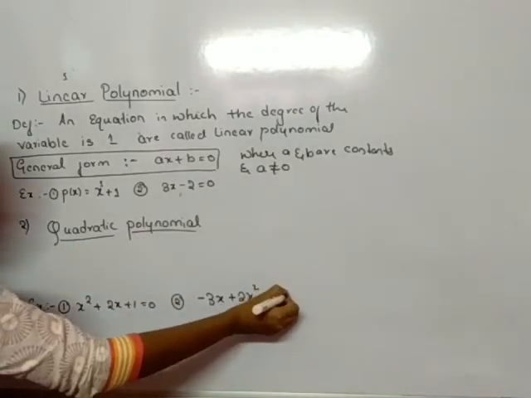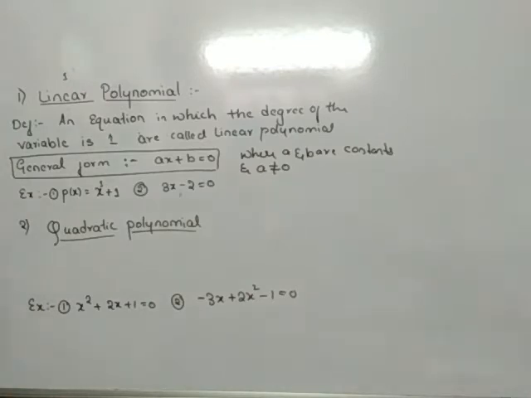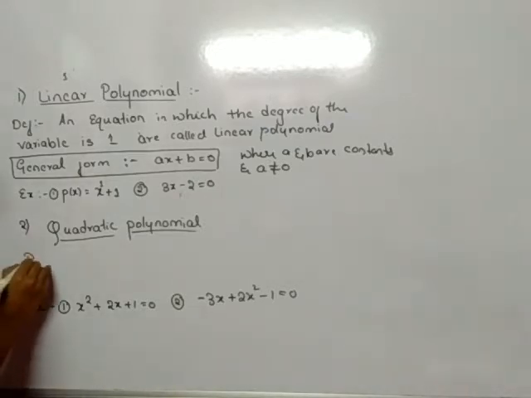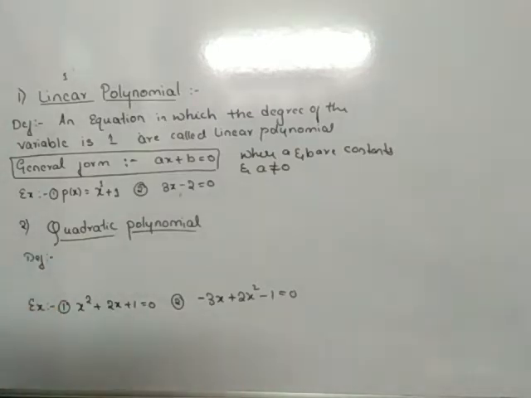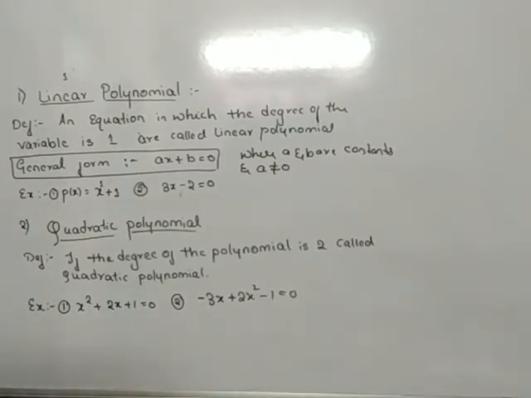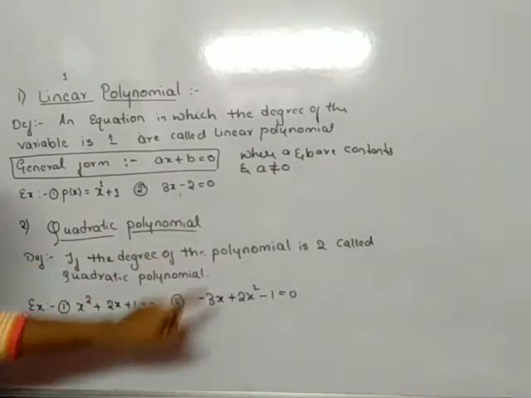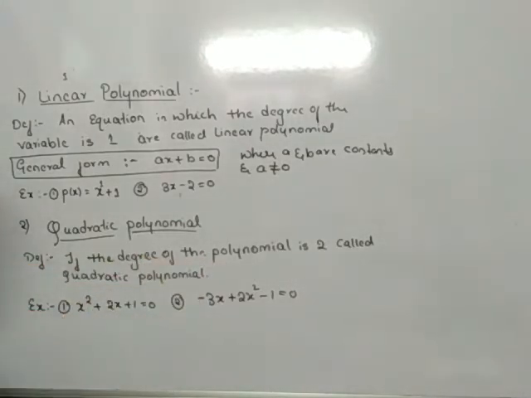In general, if in an equation the degree of the variable is 2, then such types of polynomials are called quadratic polynomials. So we'll write the definition here. Okay, I have defined it here. If the degree of the polynomial is 2, then such types of polynomials are called a quadratic polynomial.